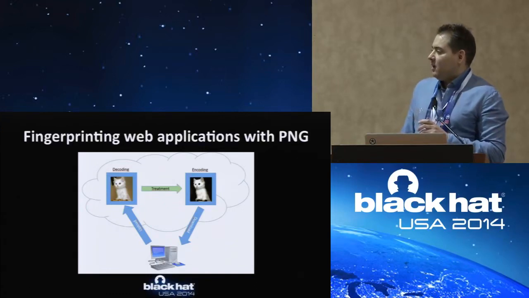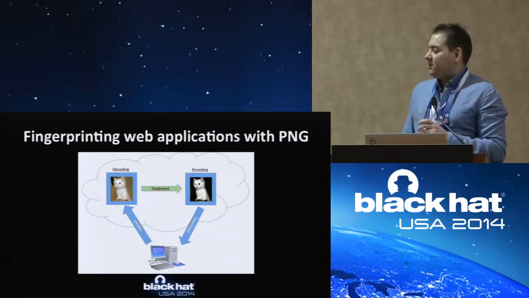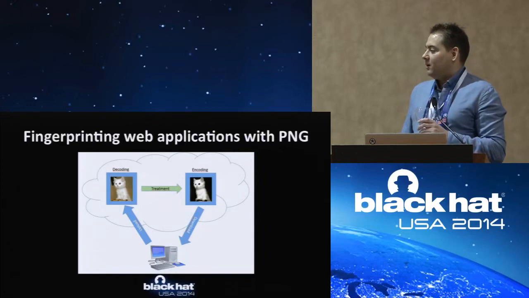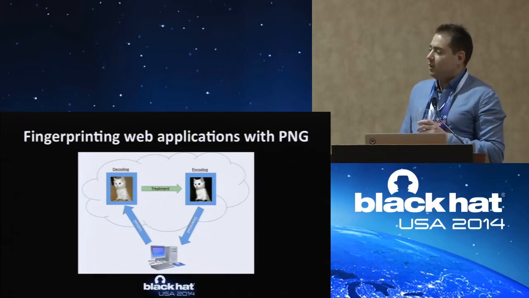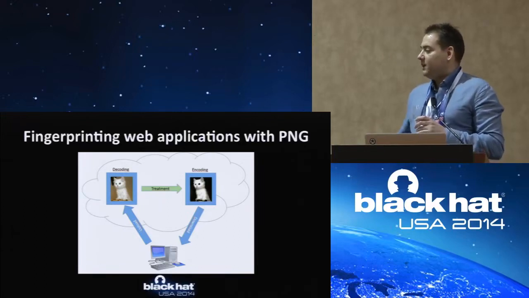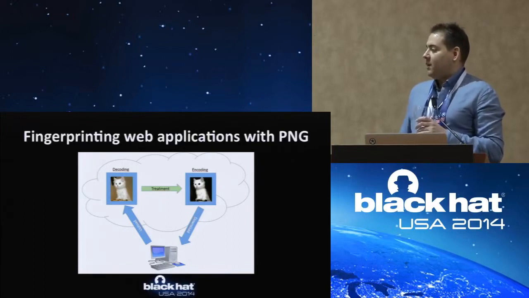Often the OS you can already get from, for example, HTTP headers, but you might not really know if it's Java or Python. The web server is already giving you a lot of information, but often it will not tell you if it's Java or Python or Ruby behind it, if the developer has been trying to hide it a bit.